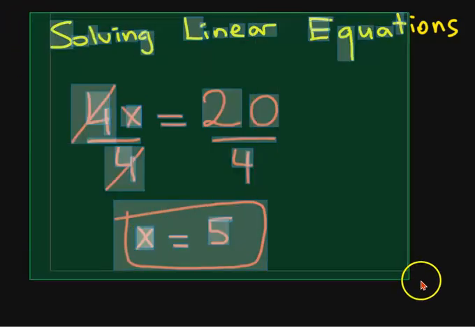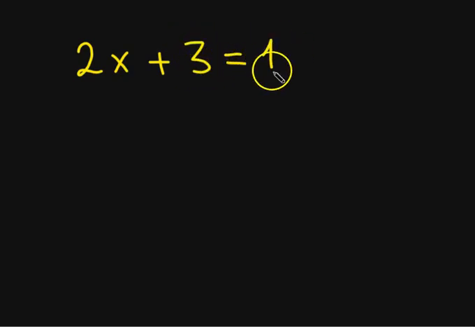Now let's look at two-step equations. When we need to apply two operations, it's called a two-step equation. Let's say we have 2x plus 3 equals 11. We have multiplication, 2 times x, and we have addition, plus 3.